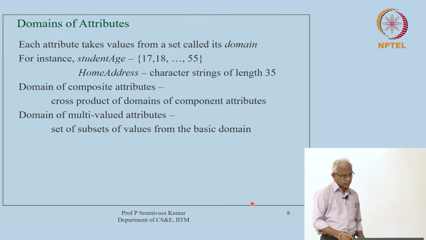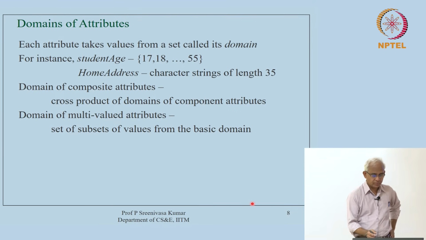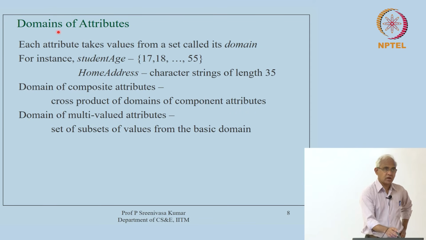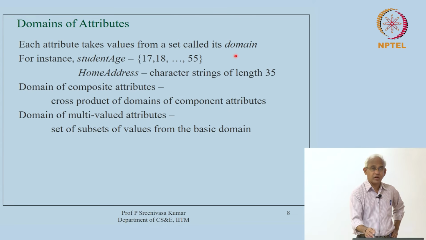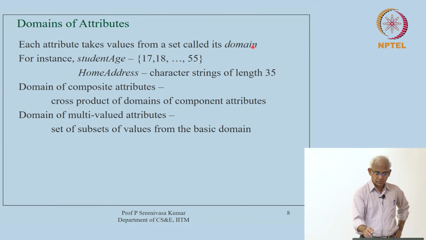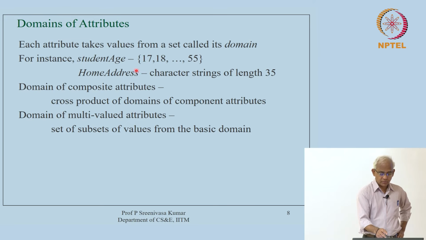Now, what exactly are these mathematically? Mathematically, each of these attributes has a domain associated with it. Domains are sometimes also called value sets. Each attribute takes values from a set which is called its domain. For example, for the student age, this is the set of values associated with it.